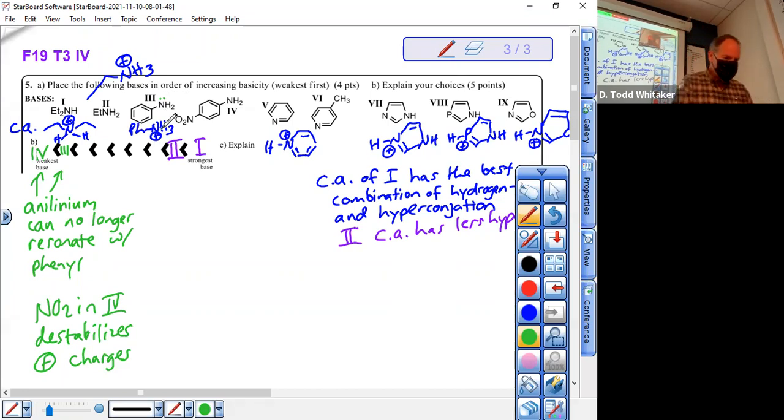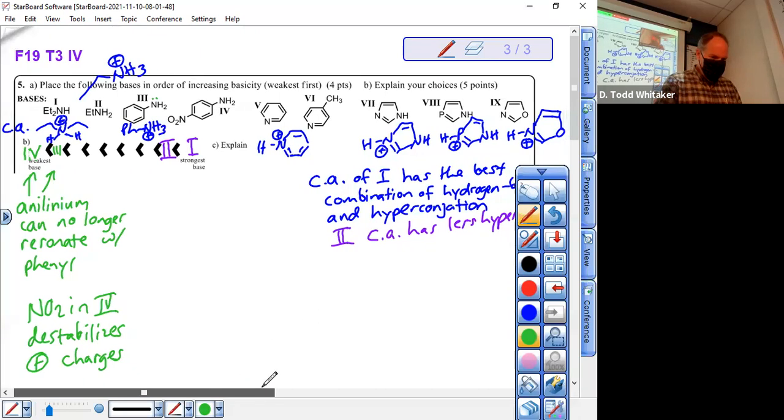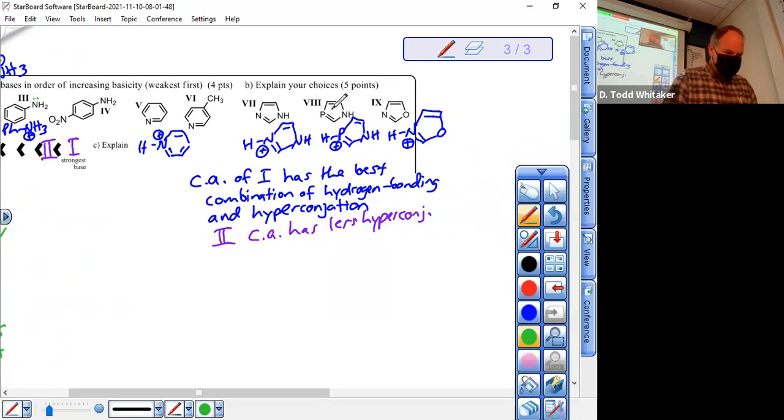The imidazoles are the second best. And we have an imidazole. We have its phosphorus analog and its oxygen analog. Which one's the best? Well, which plus is better? A plus with phosphorus or a plus with nitrogen?